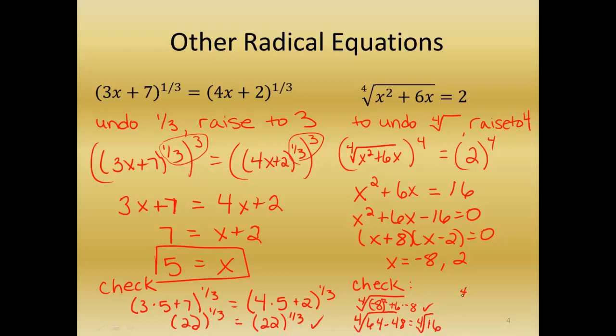Checking the positive 2, you have 2 squared plus 6 times 2. That's the fourth root of 4 plus 12. That's also the fourth root of 16. That checks out. Both numbers check out. I don't have any extraneous solutions.